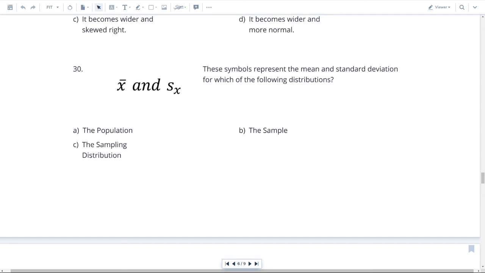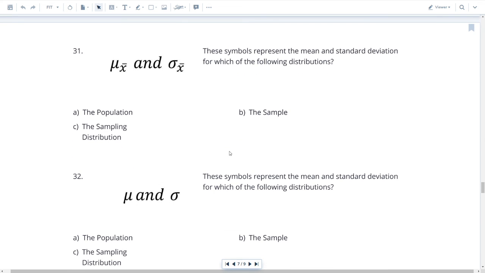Now, you'll see the difference for this and the next couple problems. This is just of the sample, not the sampling distribution. X bar might potentially be a data point in that sampling distribution, but X bar would just be the mean of the sample.